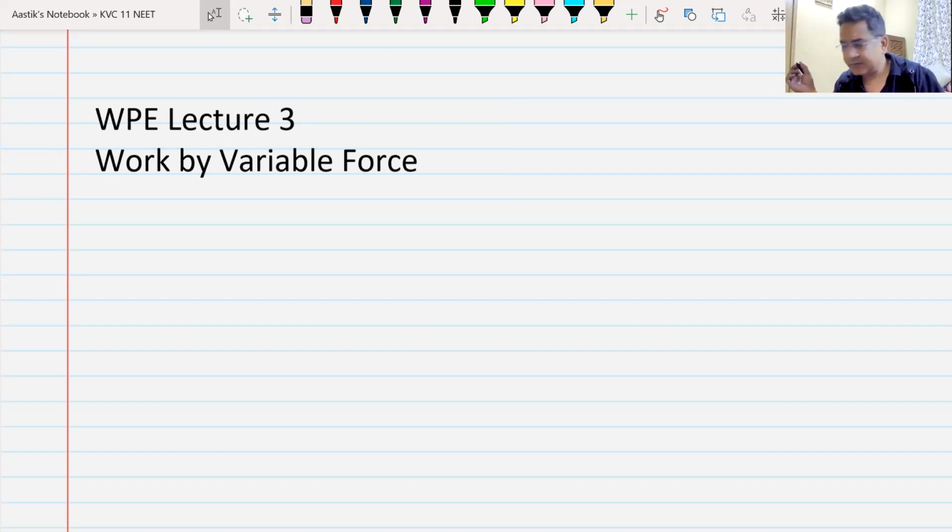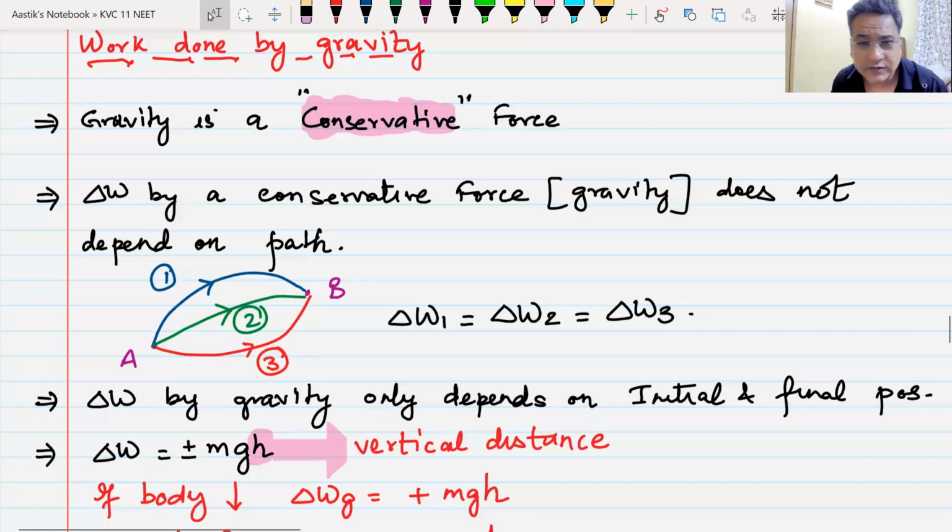We are dealing with work done by a force, and in the previous class we had seen work done by force in various cases. We had seen work done by gravity. Do we remember this work done by gravity, which is a conservative force? It does not depend on path.